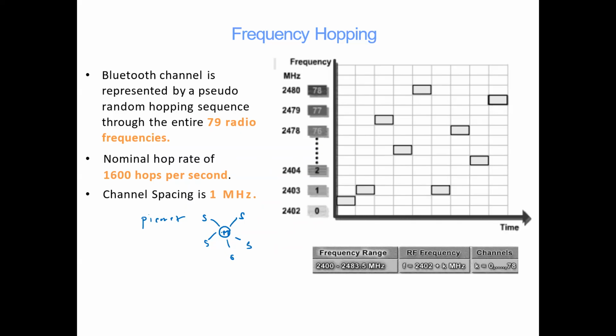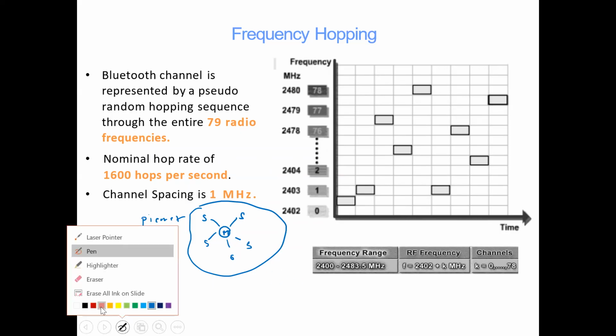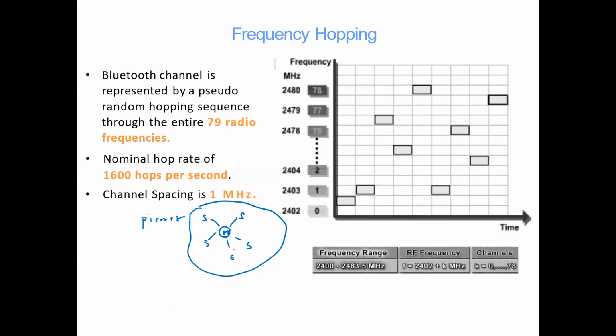This is one piconet, but Bluetooth allows a device to be a member of another piconet. Say I have another one. It means this device belongs to the blue network and also the red network. And this time, this device acts as master in the red piconet, and it has some slaves also.